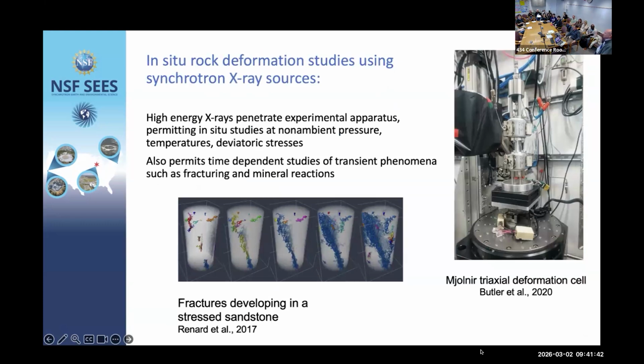As I promised, I wasn't going to say very much about in situ rock deformation studies, and that's true.